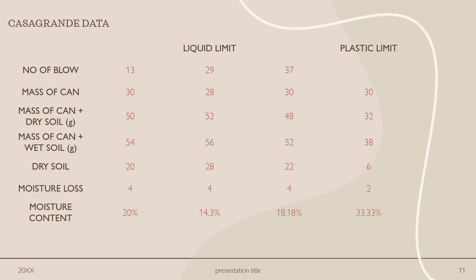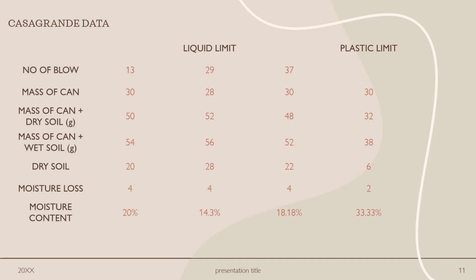Mass of can plus dry soil and mass of can plus wet soil are recorded during the experiment. Dry soil is calculated by subtracting the mass of can from the mass of can plus dry soil. To get the mass of water, mass of can plus wet soil is minus mass of can plus dry soil. Then we calculate moisture content by dividing mass of water by mass of dry soil times 100. The moisture content for each number of blows is 20%, 14.3%, and 18.18%.